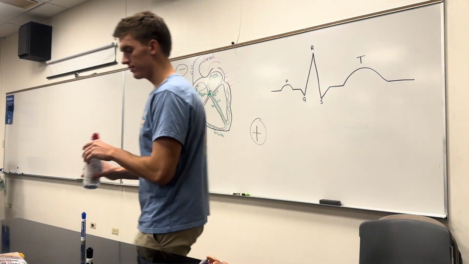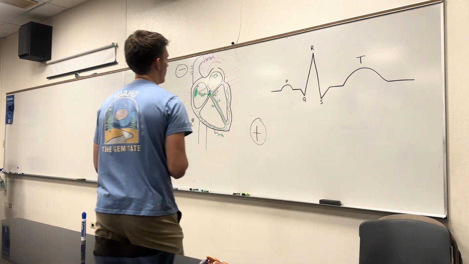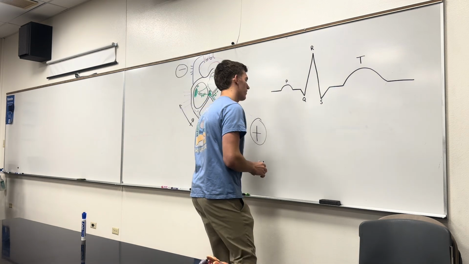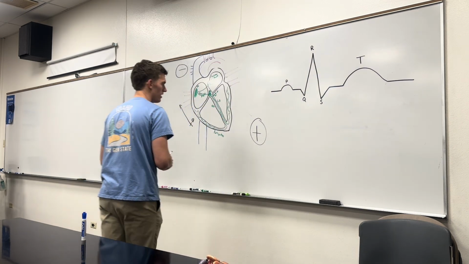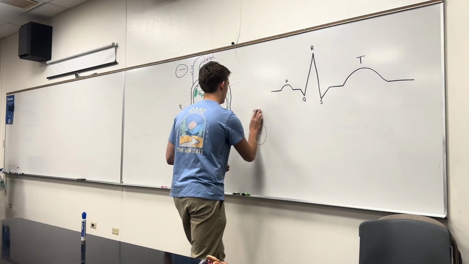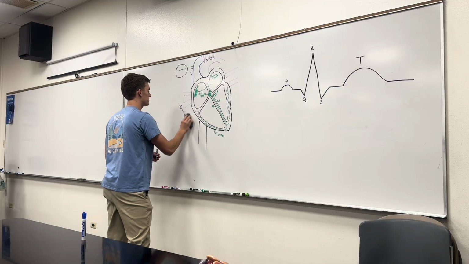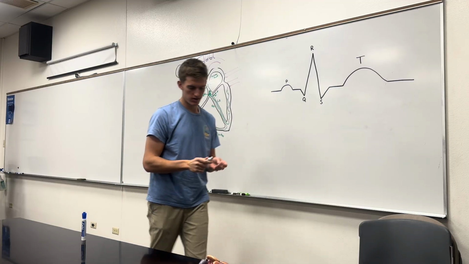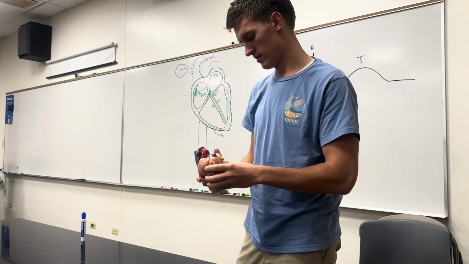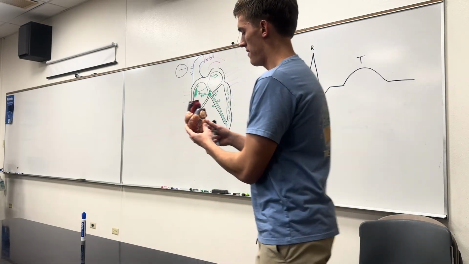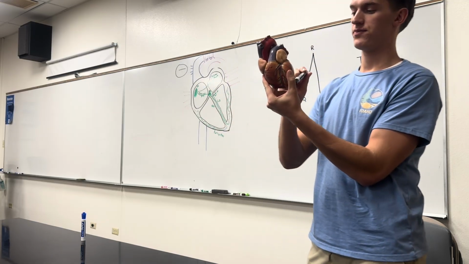Okay, kind of last thing. We'll be talking about abnormalities in our ECGs. Something that happens when we get a lack of oxygen, which happens because on the outside of the heart that we have here, we have our coronary artery, okay?